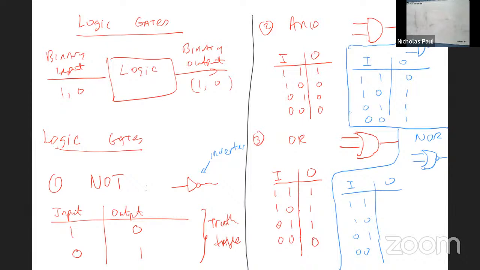It's the opposite of the OR, right? So where the OR has 1, the NOR has 0. Right? 0, 0, 1.